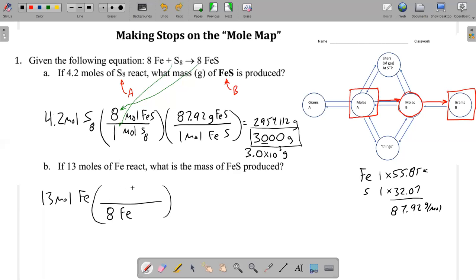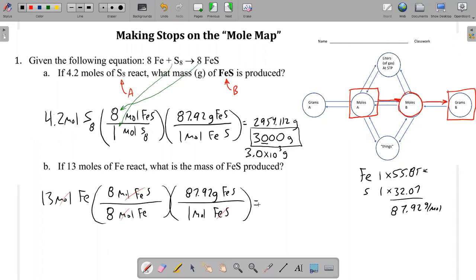I'll write mole because 8 mole iron, you get 8 mole iron sulfide, because in the equation, the coefficients in front of iron and iron sulfide are both 8. And it's the same formula mass. 1 mole of iron sulfide is 87.92 grams. These units, moles of iron sulfide, cancel out, and leave you with grams of iron sulfide.